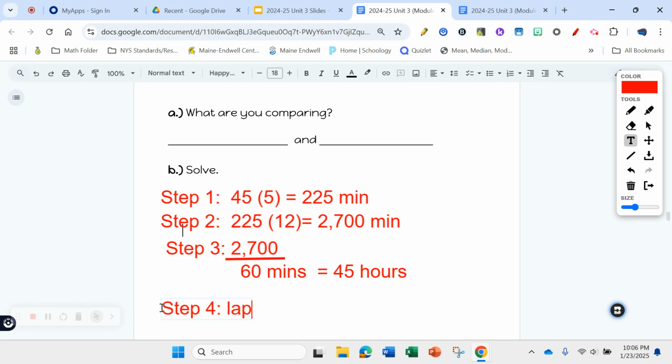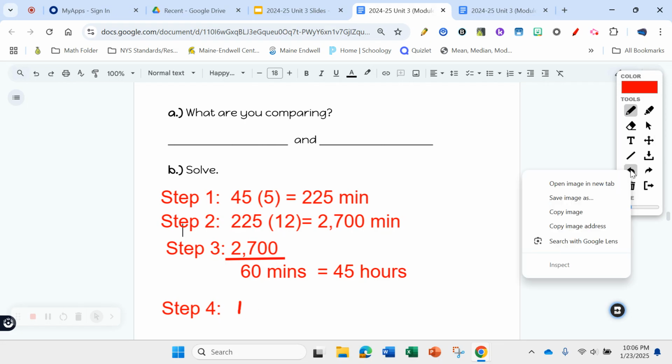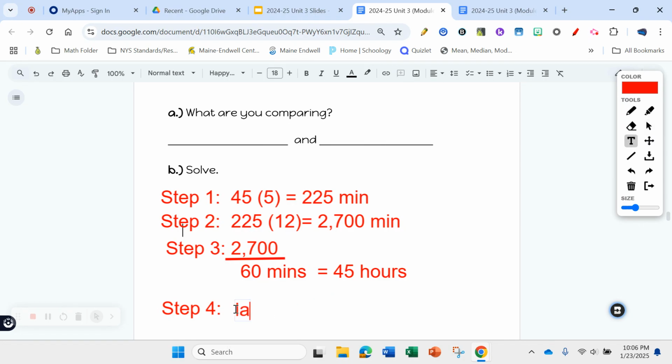Now I can set up an equivalent ratio here: laps to hours. 1,800 laps in 45 hours.